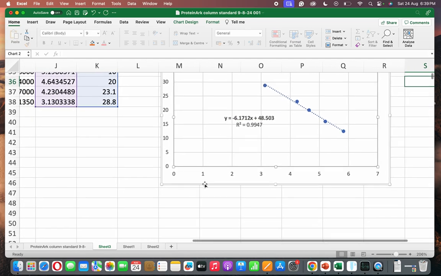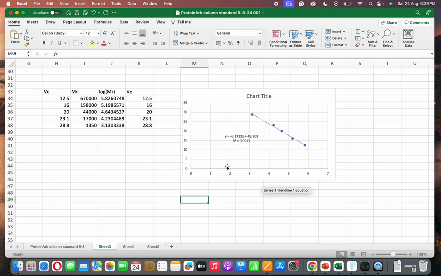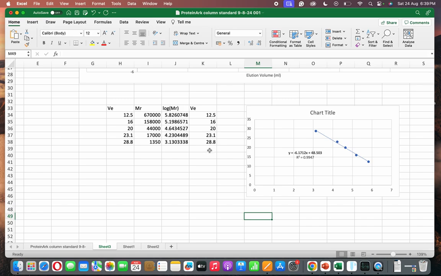So if I have some unknown protein and I am getting some elution volume of say 18 ml, and I want to know what could be the size of this protein, I just need to put it in the equation of this linear trend line.